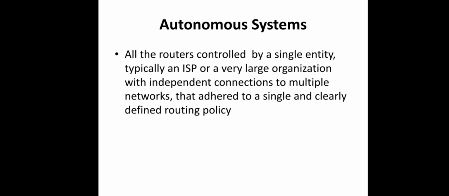The condition here is that all the routers within an autonomous system should adhere to a particular routing policy. A particular routing algorithm should be there, and that choice of routing policy can be decided by the corresponding authority. Of course, different autonomous systems may have different routing policies. So both issues are addressed here: scaling and also administrative autonomy.